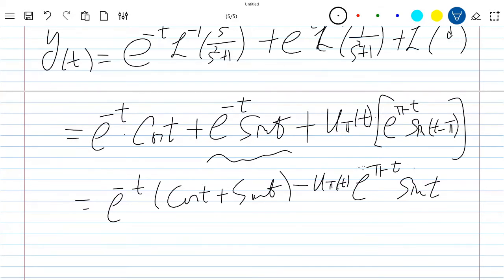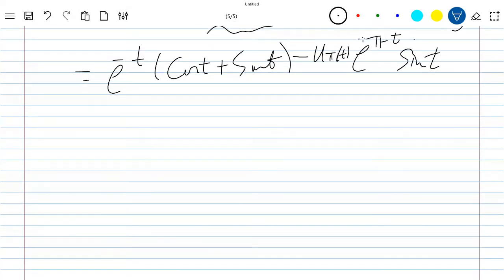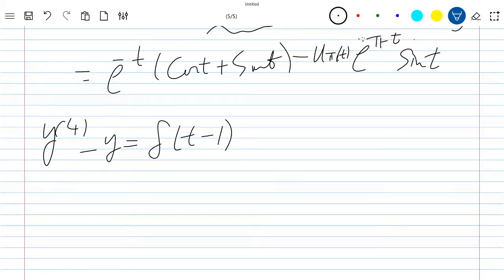So that's it for the example. Let's see another example. Let's go to higher order, and let's make the initial conditions all vanish.